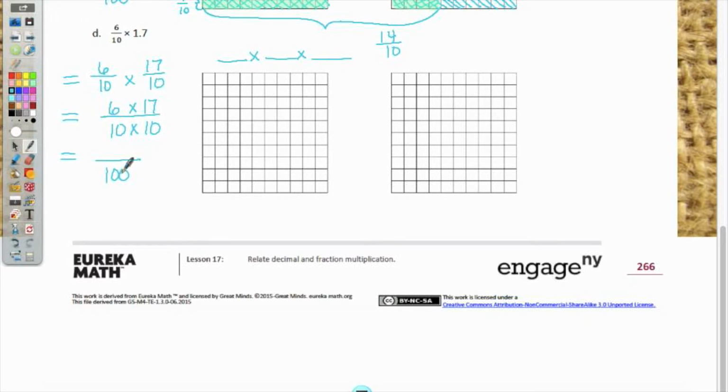Let everybody do their own work and then we'll talk about it, okay? Everybody try it. Figure out how you're going to do it. So 6 times 17. What did you get, Vaughn? 102. You guys agree? Yes.